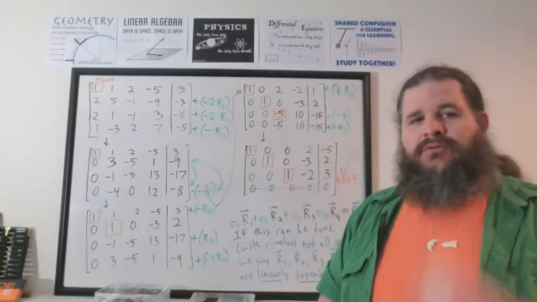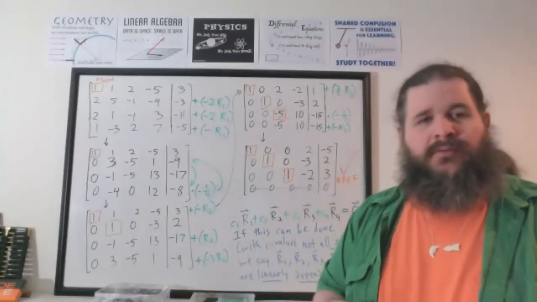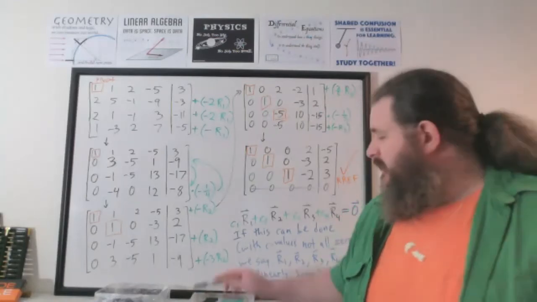So now that we've got reduced row echelon form, let's see if we can interpret the results by going back to the idea of the original system of equations.